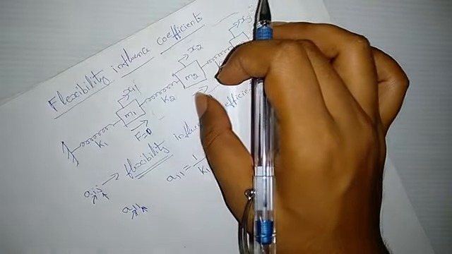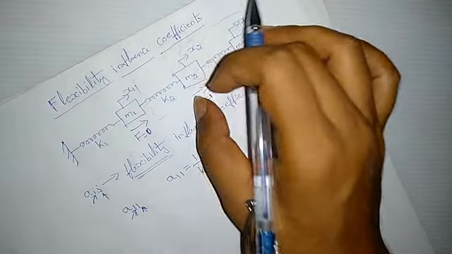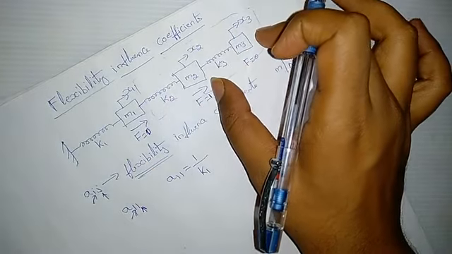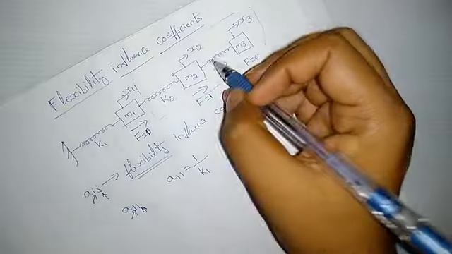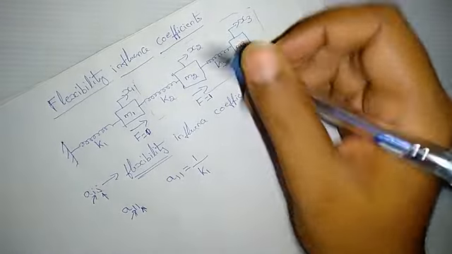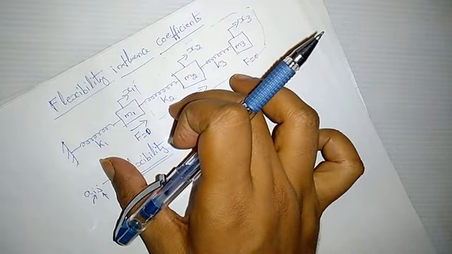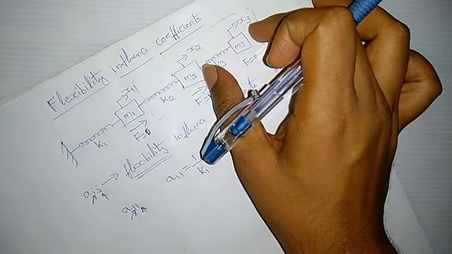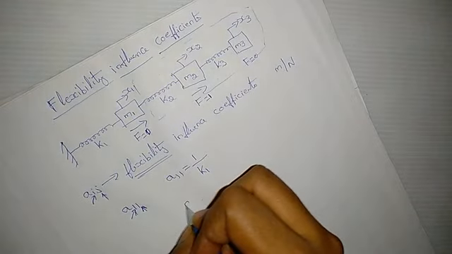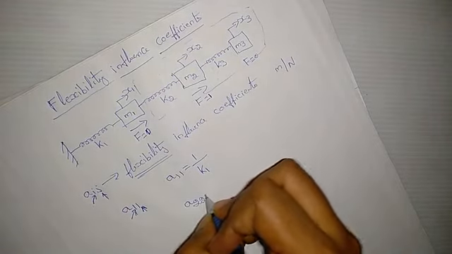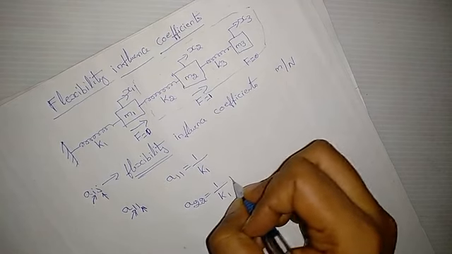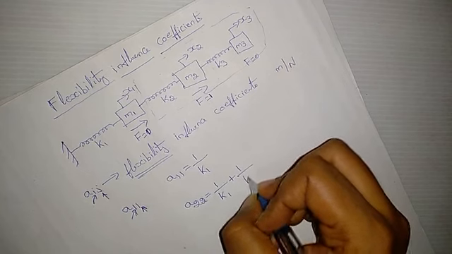If this has to move, then these two springs have to stretch, and this spring and this mass will have a rigid body motion. So only these two springs stretch and this portion moves along with M2. So A22 will be equal to 1 by K1 plus 1 by K2.